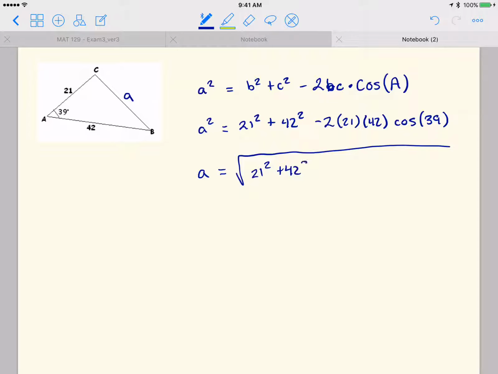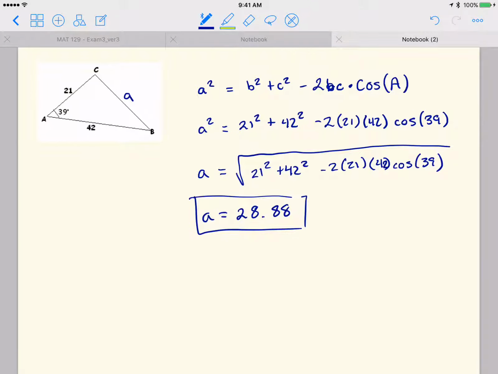So if I calculate that real quick, I get a to be equal to approximately 28.88. And I notice there should be a 42 there. I wrote just the 4. So there you go. Then I have a.